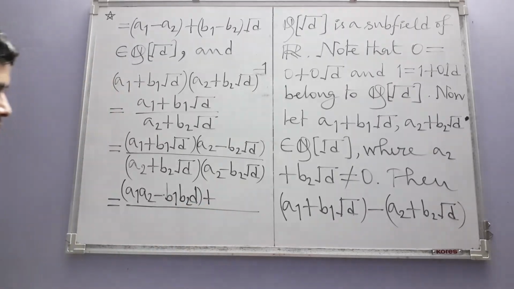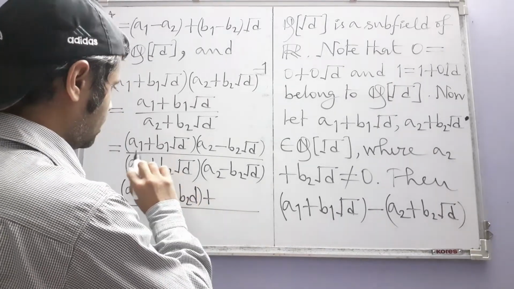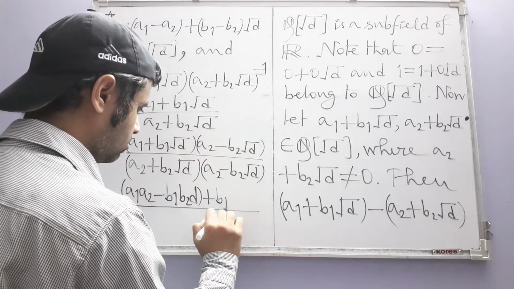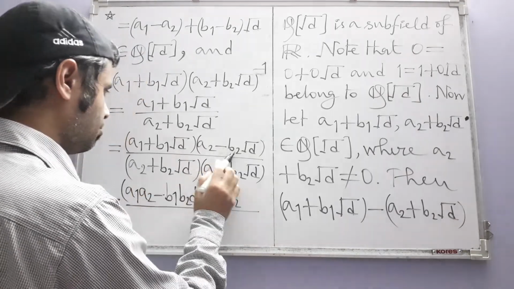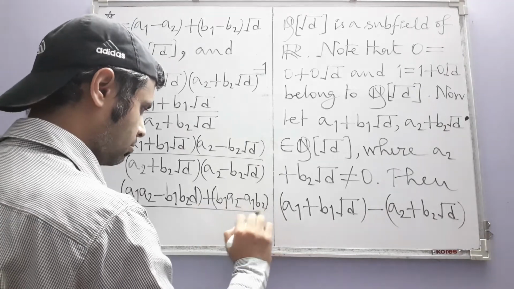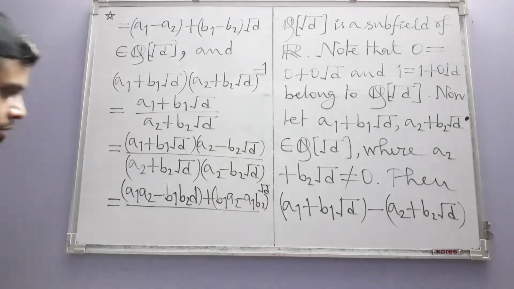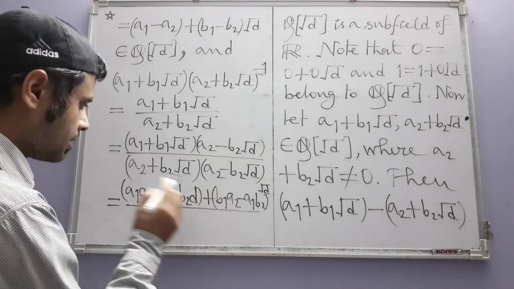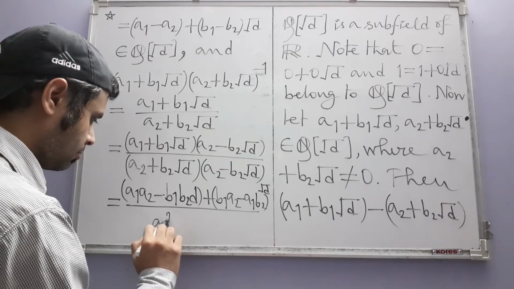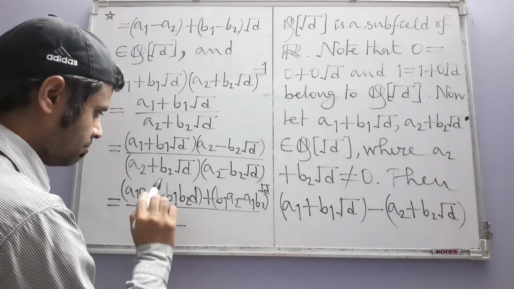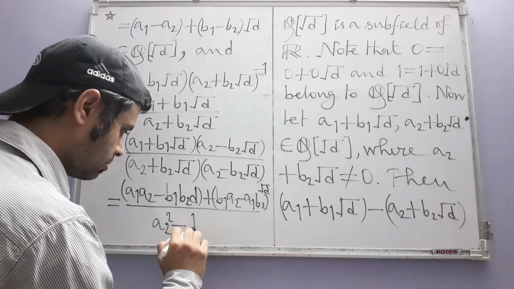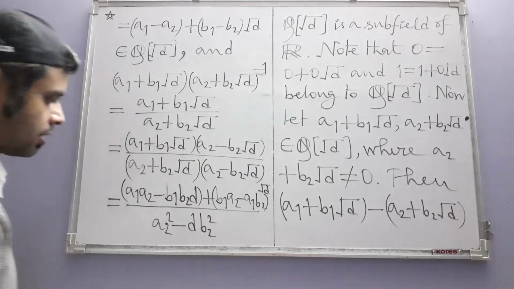Plus, now the cross terms, B1 A2 root D minus A1 B2 times root D. And this is of course A square minus B square, so here we will have A2 square minus B2 square times root D square, that means D B2 square.